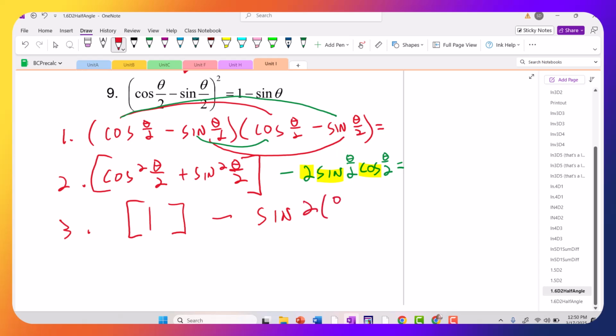Maybe I should put this in blue here so you understand how this happened. That's the argument for the double angle theorem. What's 2 times theta over 2? What's 2 times theta over 2? This is why we always end with exactly writing what the other side is. Through logical steps, your proof is perfect.